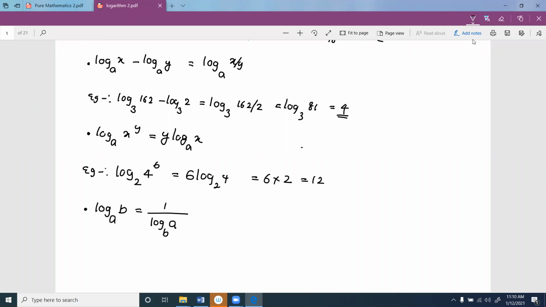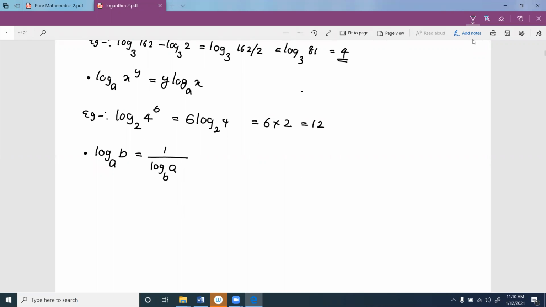For example, if you need to get log 8, 2, that means you need to understand 2 is 8 to the power what? What is the power of 2 for base 8? But if you convert it to this form, what do you get? Log 2, 8. You can write it in this way.